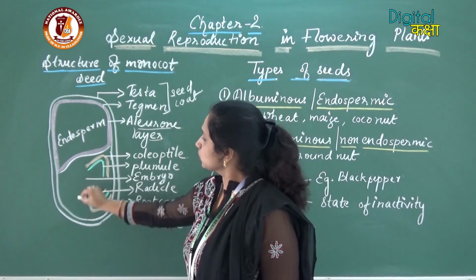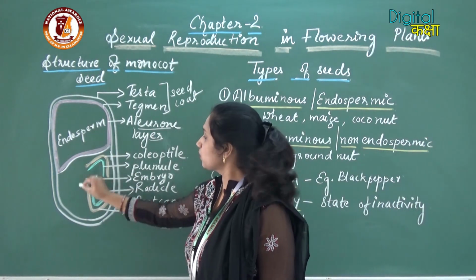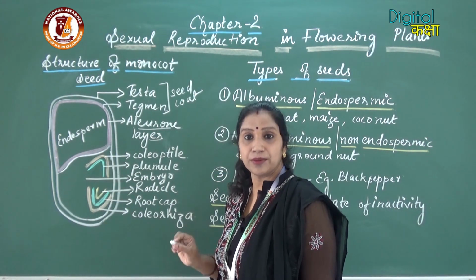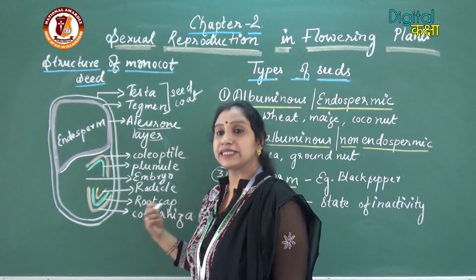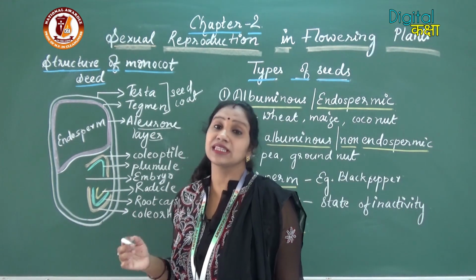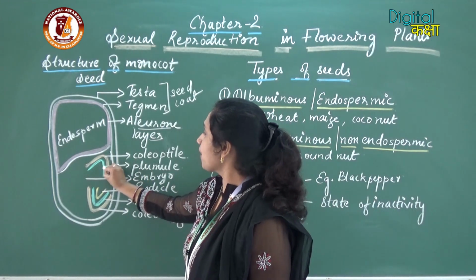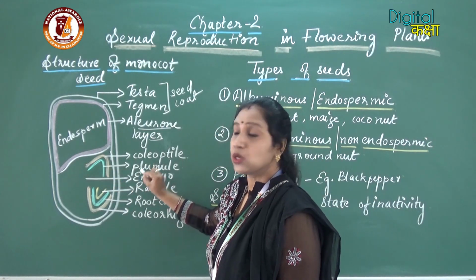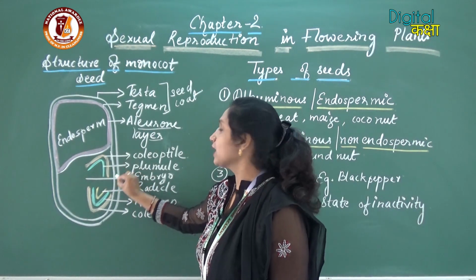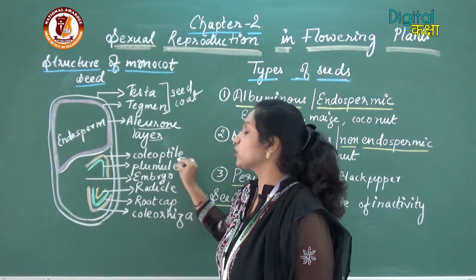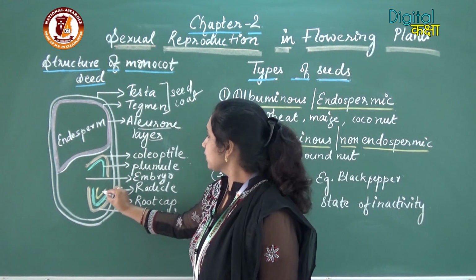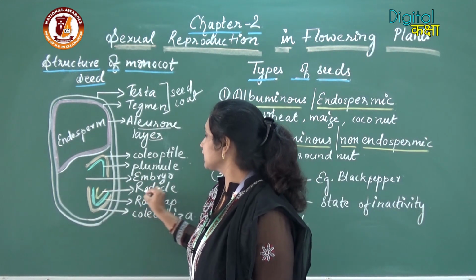Now we will move to the embryo part. The lower part comprises the embryo region. Here, the same way as we have studied in the monocot embryo, you can see that on the upper side the plumule is there which is covered by a covering called coleoptile, and below you can see that radicle is there.